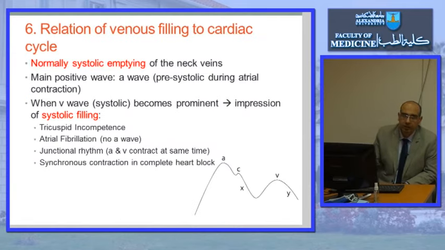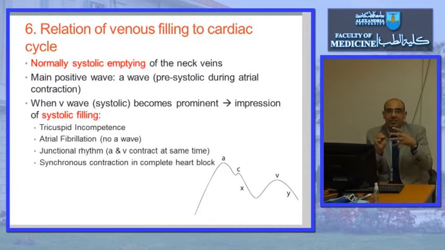Relation to cardiac cycle. What is normal? Normally, during systole, there is emptying of neck veins. With systole of the heart, there is emptying of neck veins. How is that? What is systole? There is ventricular contraction. And while the ventricles are contracted, the atria at the same time are relaxed and receiving blood.